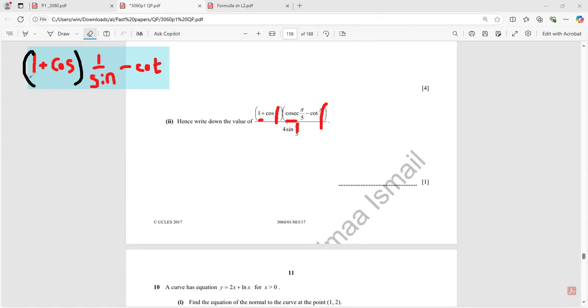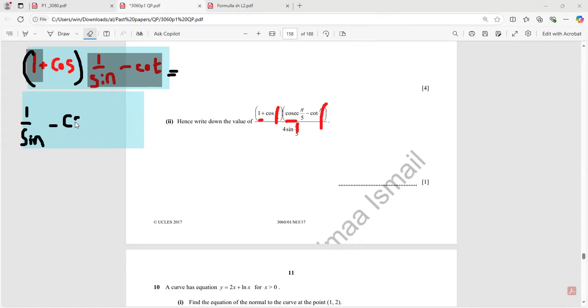So 1 from this bracket multiplied by those is equal to the same. So I'm going to say it is 1 over sine minus cot, the same.